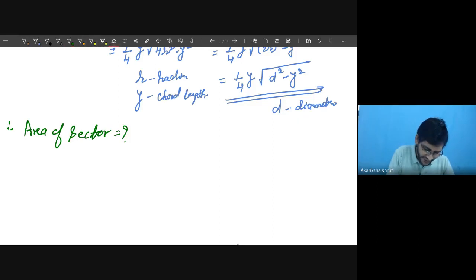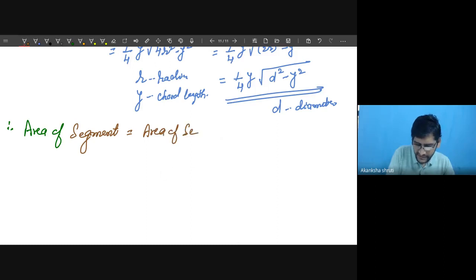Then for converting it into the area of segment, first I need to calculate the area of sector minus area of triangle OAB. This we have seen.